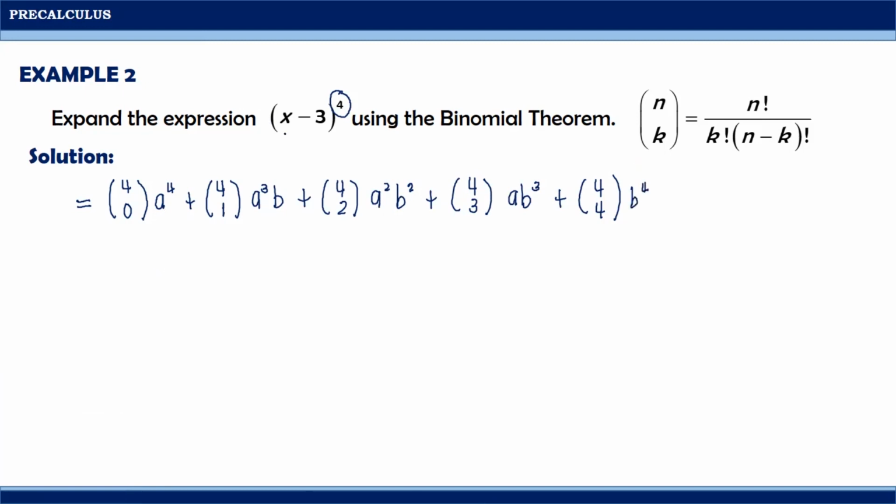Next, looking at our given x minus 3, we can see here that our a is equal to x and our b is equal to negative 3.